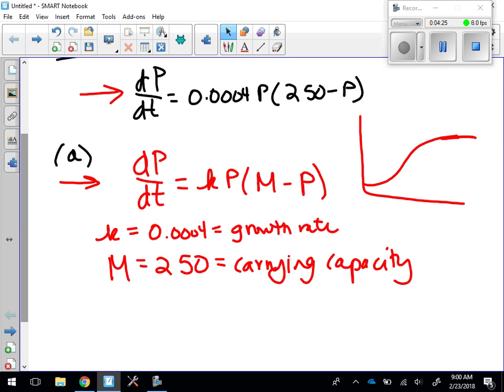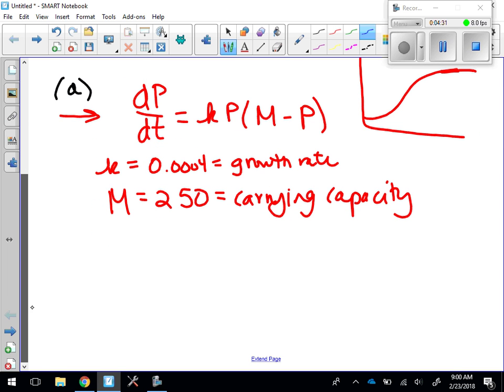So, what does part A ask us to do? That means that we want to find a formula for P as a function of T. And if this is a logistic differential equation, according to our notes from yesterday, what's P equal to?